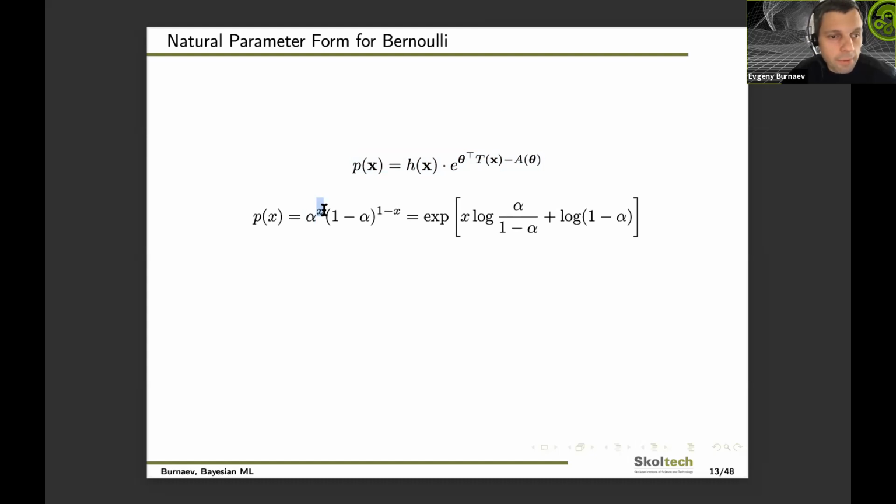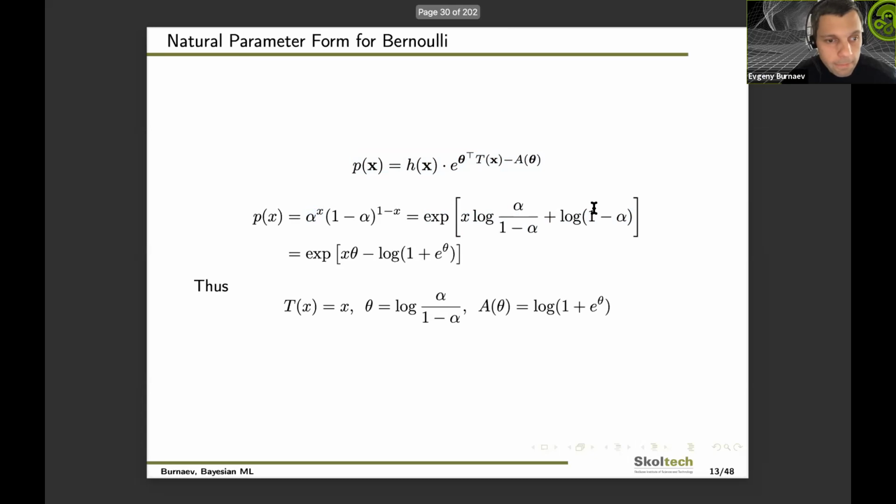So if the input variable x is equal to 0 or 1, then the probability of x equal to 0 is equal to 1 minus alpha, and vice versa. So we can rewrite the expression for the Bernoulli distribution in this way. That's it.